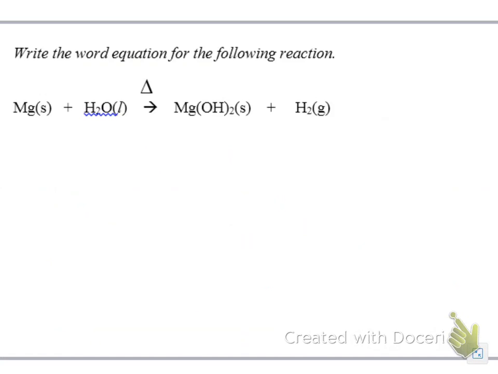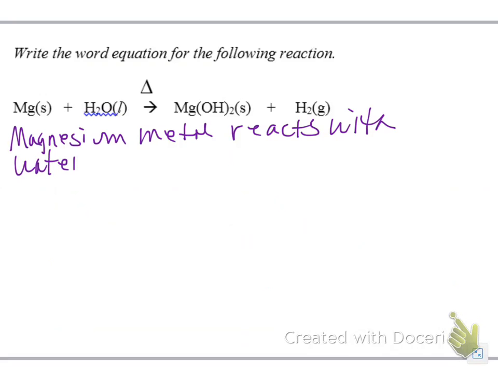All right, let's look at one where we go the other way. Here we want to write the word equation. So let's just start. I have magnesium solid, or magnesium metal, reacts with water when heated. This symbol, the change symbol, indicates heat. And again, it's something that's involved in helping the reaction, but it's not consumed.